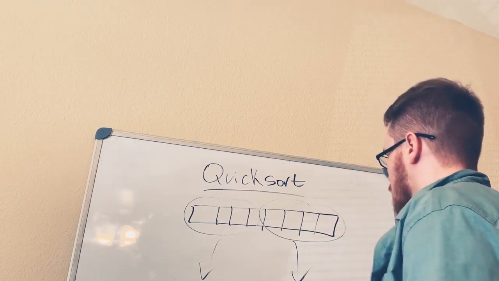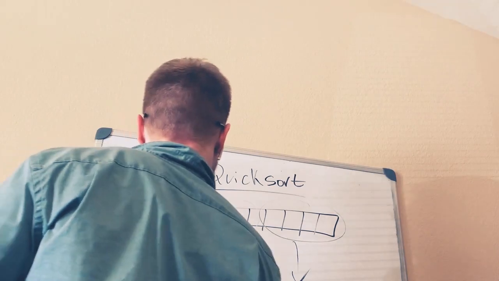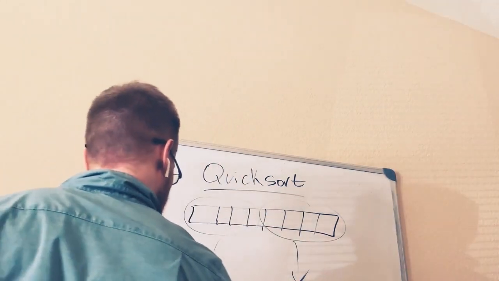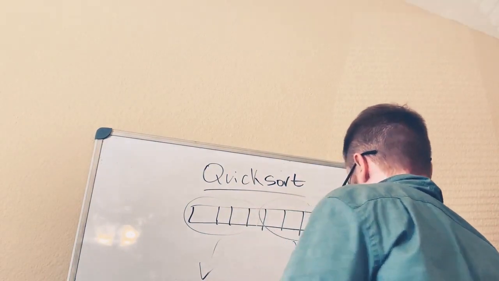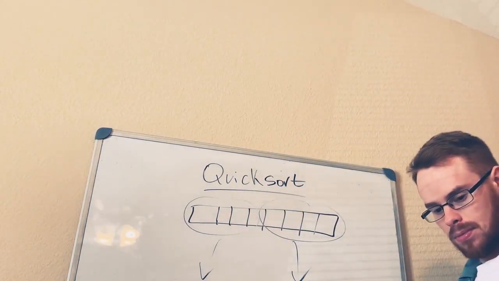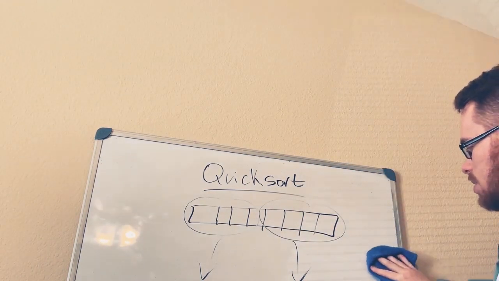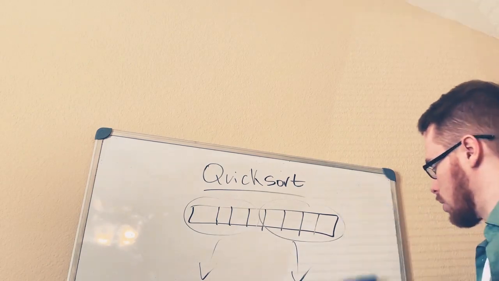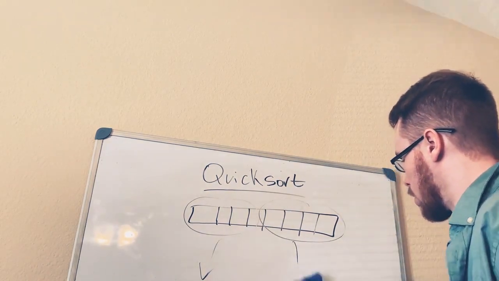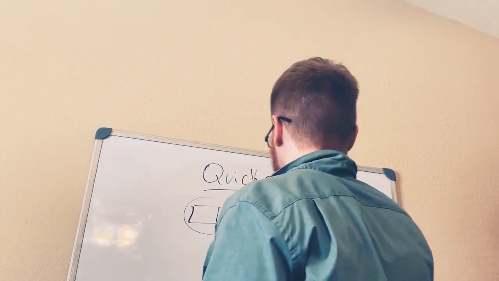I don't want to write subarrays, but let's just get chunks of the array. And it's going to keep recursively calling till it gets down to a single element. So that's the overall high-level idea of what Quicksort is doing: divide and conquer, taking an array, dividing it into subarrays, and basically sorting those little arrays.